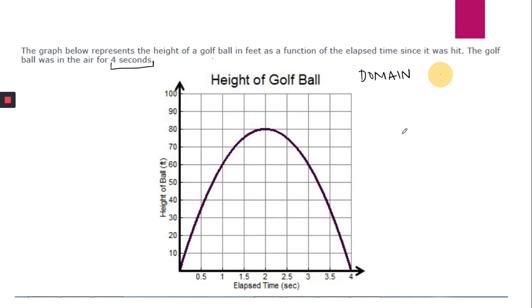But let's pause. If x was all real numbers, what is our x value talking about? It's talking about time. If x was all real numbers, that means negatives as well. Would I have negative time?